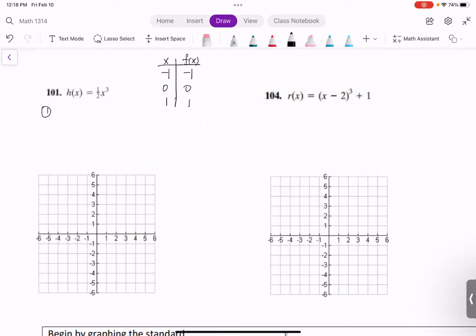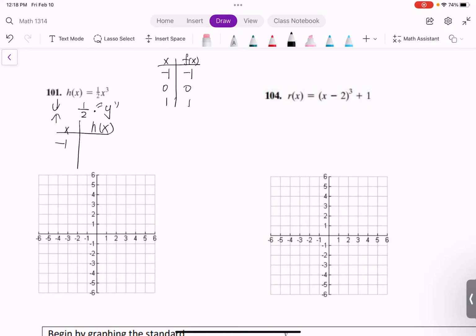The first one only has one transformation. That's the vertical shrink or compress. That means all the y values need to be multiplied by 1/2. 1/2 times y, or y times 1/2. They're the same thing. So let's see the new key points. X, h of x.